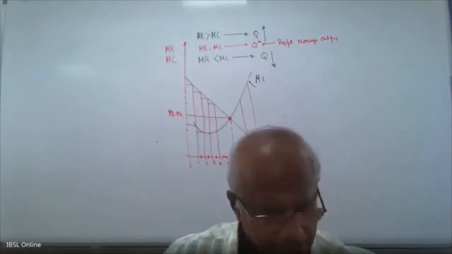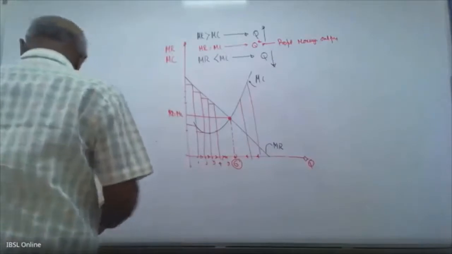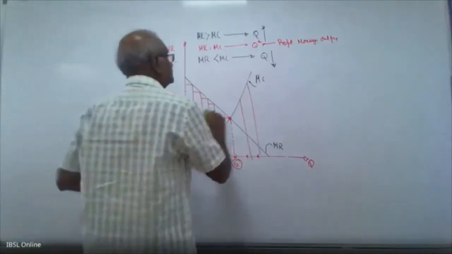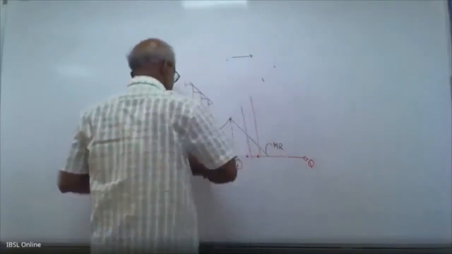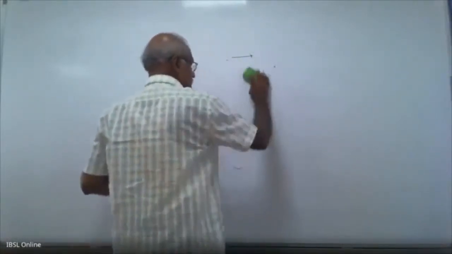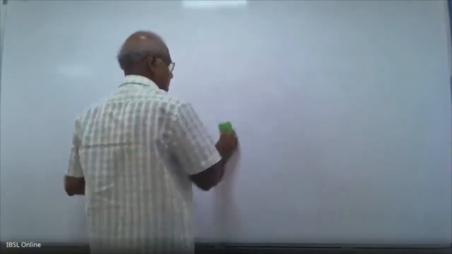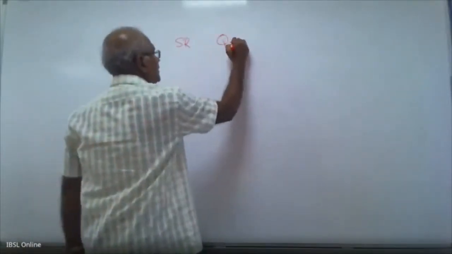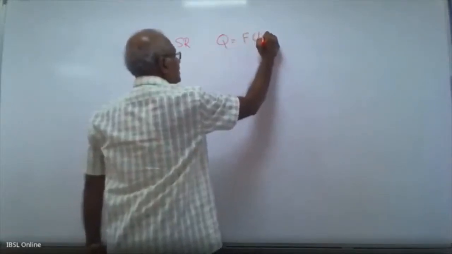Fixed factor is this. Short run: output equals F of L, K bar.